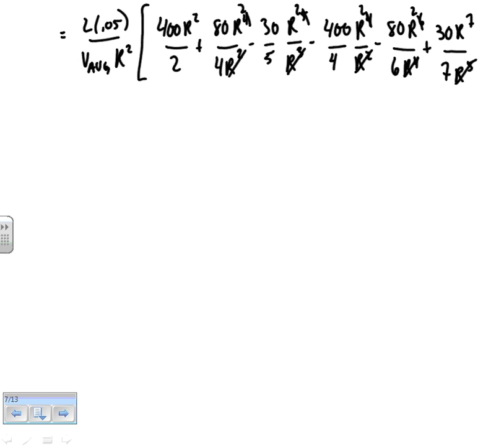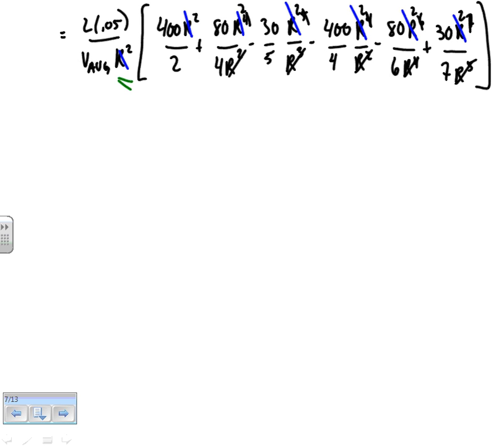And this R to the 5 is just going to leave an R squared on top. All right? So now I see every term inside the brackets has a cap R squared. And out front, I also have a cap R squared. So they're all going to cancel each other.